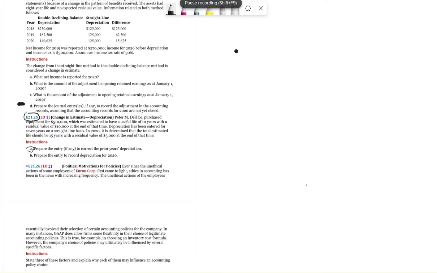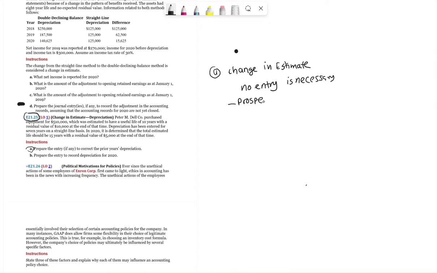No entry is necessary, and the change will be done prospectively.